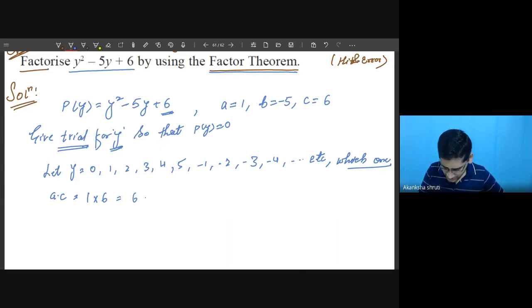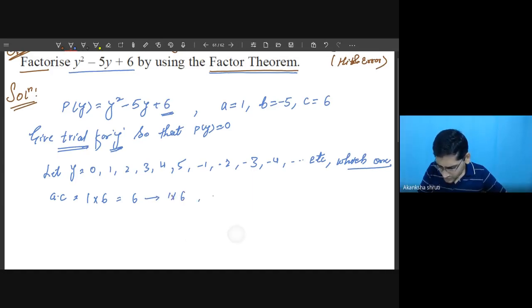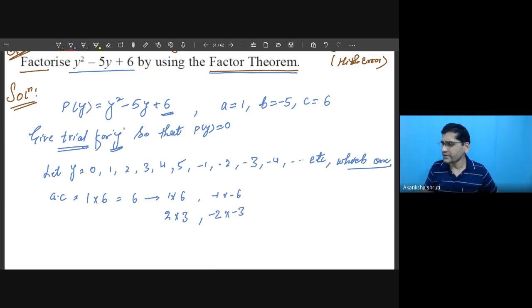One may choose, as earlier, 1 into 6, or -1 into -6. One may choose 2 into 3, or -2 into -3. These are the only factors.